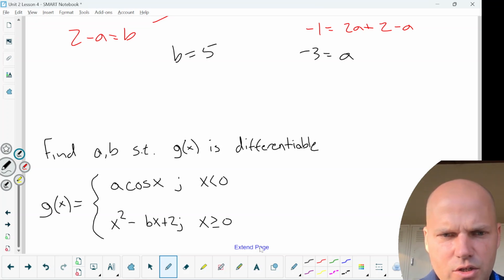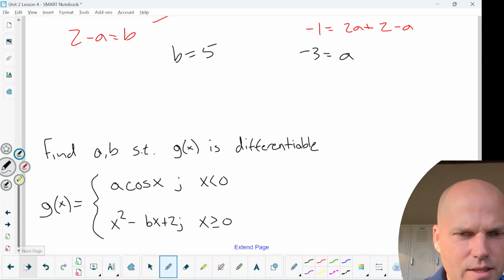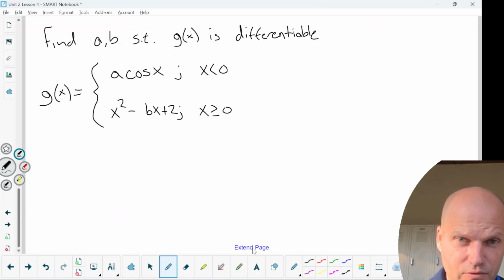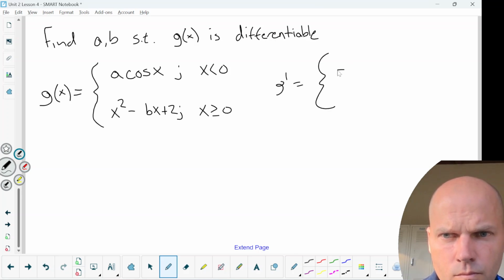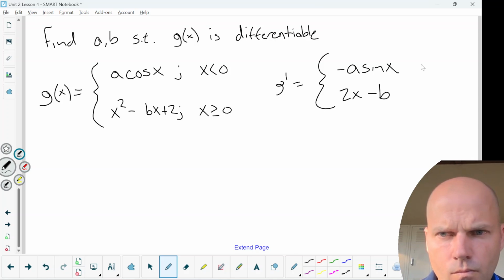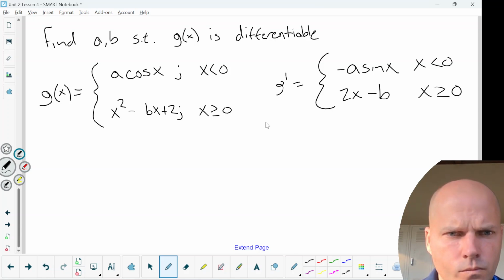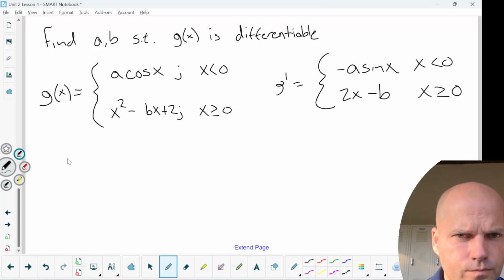Last one to do if you want to do, but I think we're probably good. Why don't you guys try this one by yourselves? I'll write up the answer really quickly. Cool.